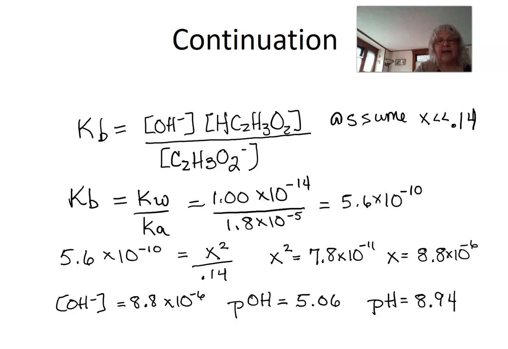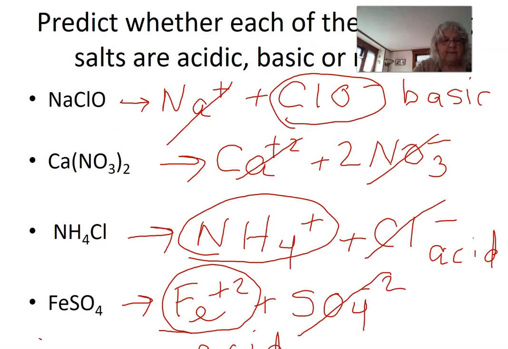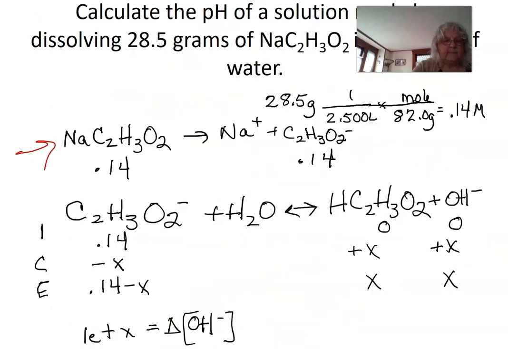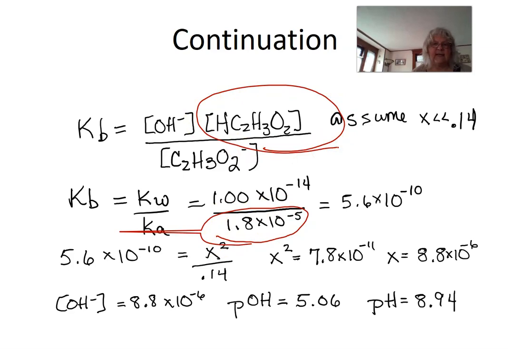So I looked up the Ka for the acid that I reform, the acetic acid. That's the acid that I reform in the reaction. Kw is 1 times 10 to the minus 14th, as long as I'm at room temperature.